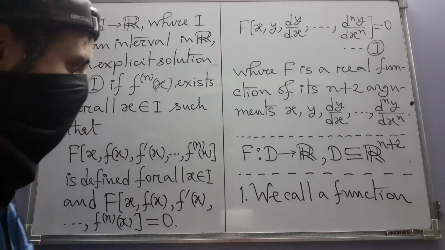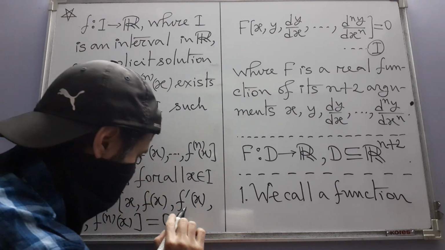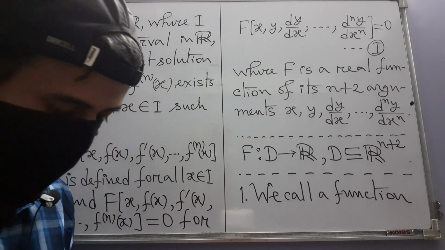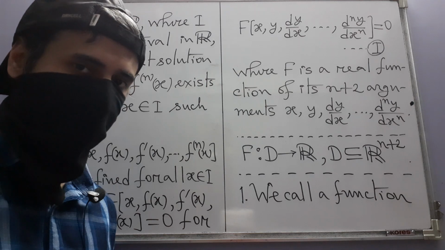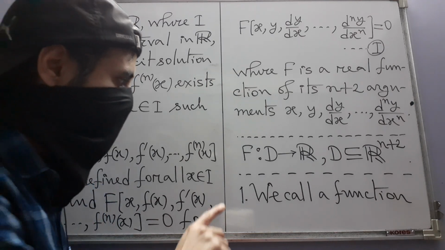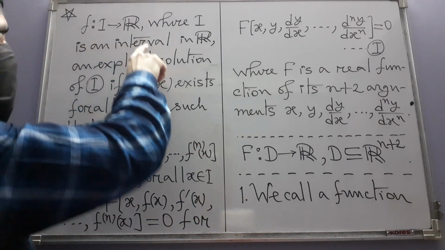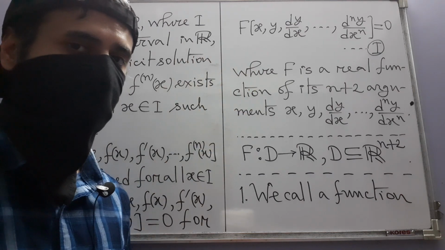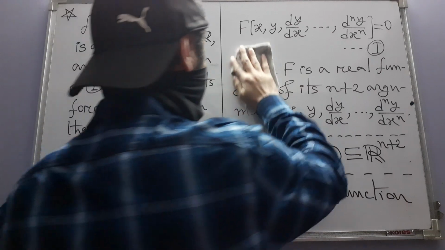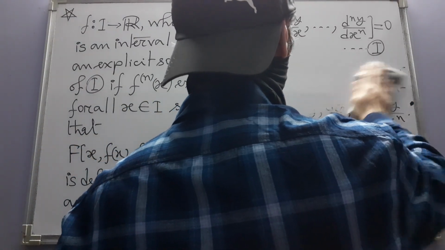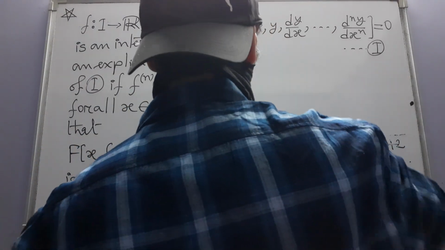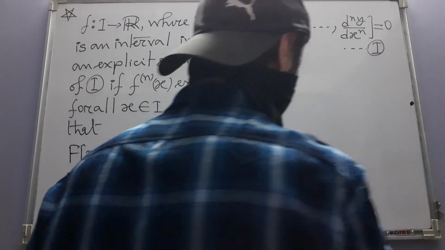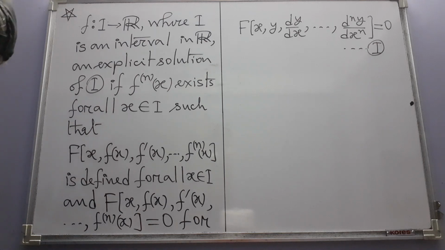Okay, if this happens, we need to also write for all x belonging to I. If all these conditions are true for all x belonging to I, then we call such a function an explicit solution of our differential equation on the interval I. Let us keep the differential equation as long as we have the definition, because it's not over yet.